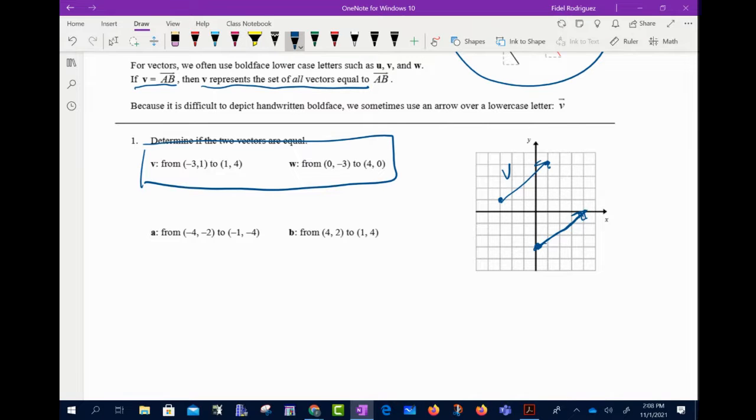If the two vectors are equal, they're going to be equal if they have the same length and if they're going in the same direction. Guys, let me ask you a question. You can just eyeball this. Does it look like they have the same length? Yeah. Are they going in the same direction too? Yeah. Okay, so these two vectors here, y'all, are going to be equal.